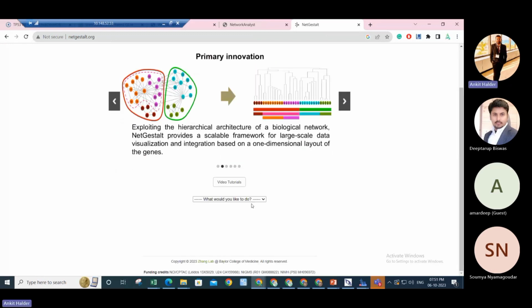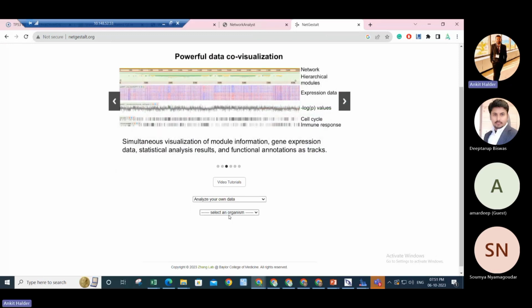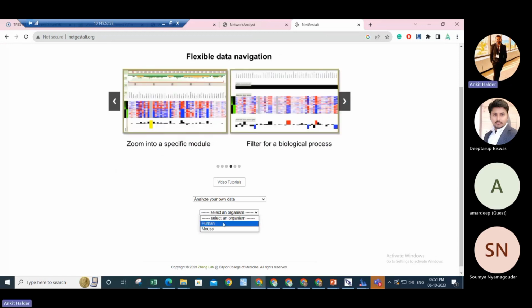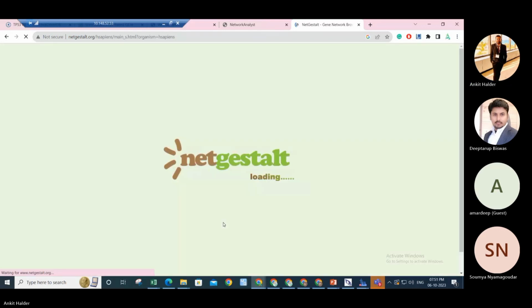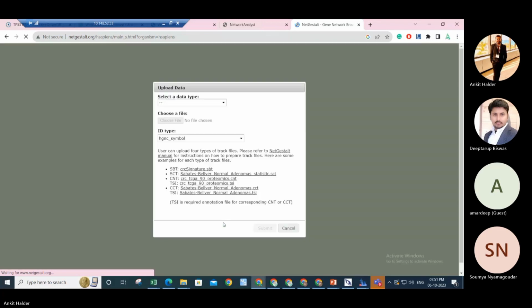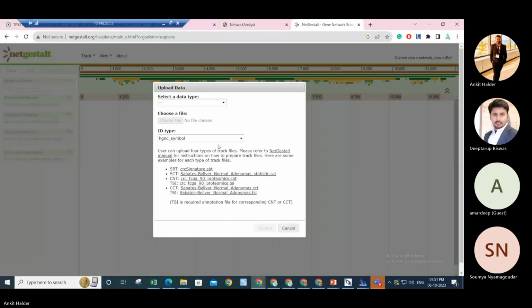So what would you like to do? Analyze your own data. Human. They are providing only for human and mouse. You can use accordingly and then finally provide.